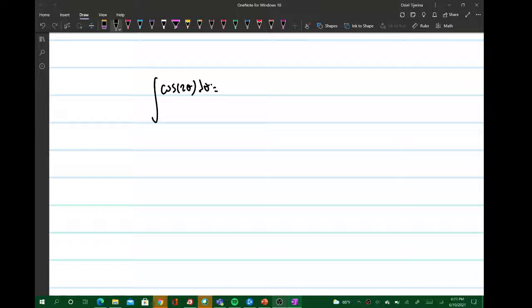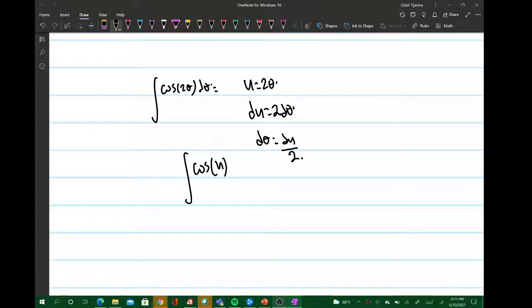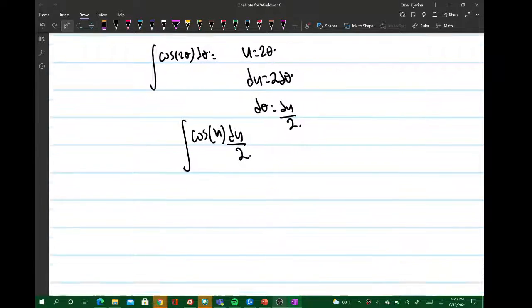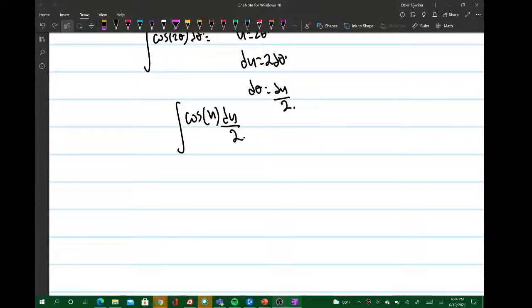So you have u equals 2 theta, du equals 2 d theta. So that means that d theta will be du over 2. So if you do u substitution, you're going to get the integral of cosine of u du over 2, okay?